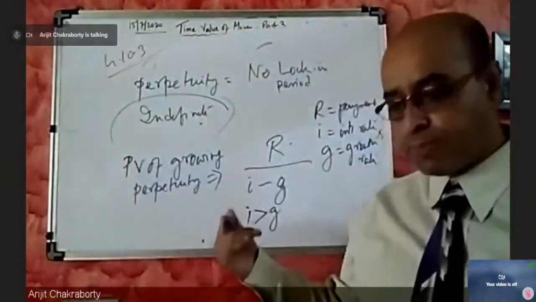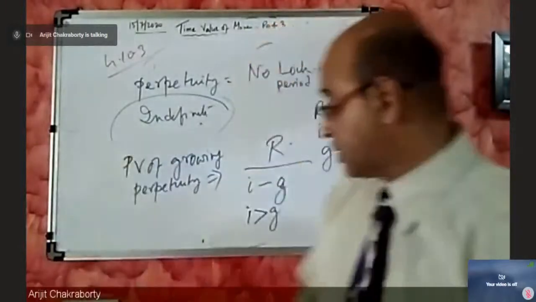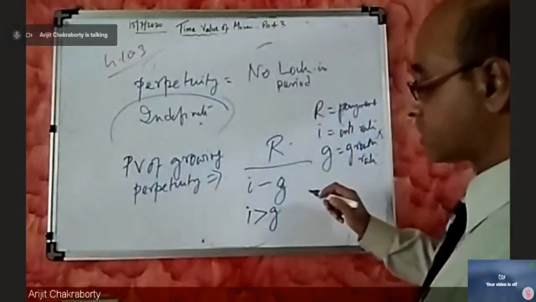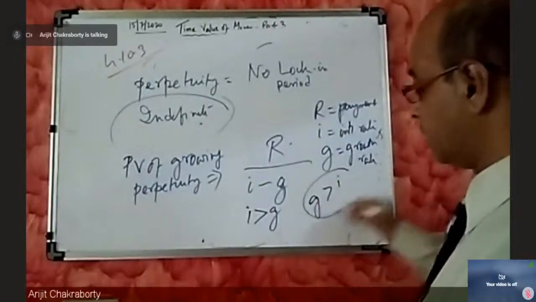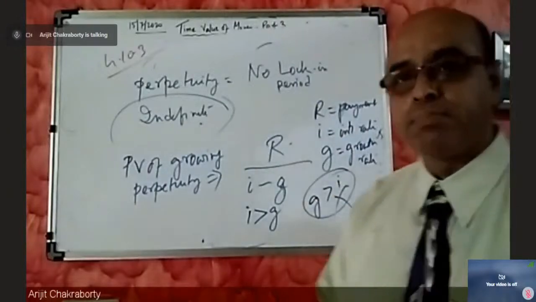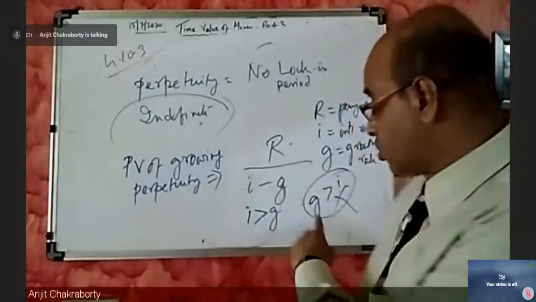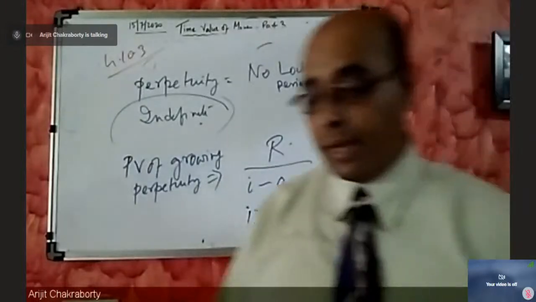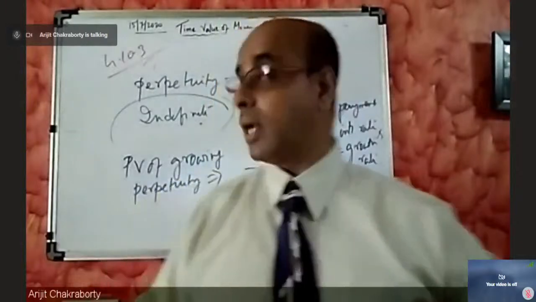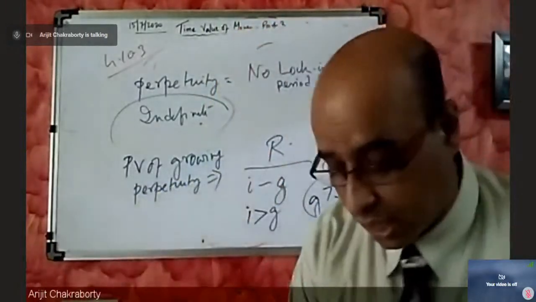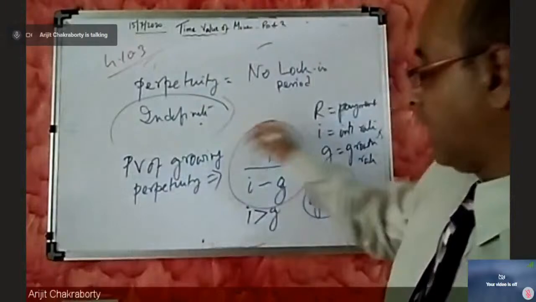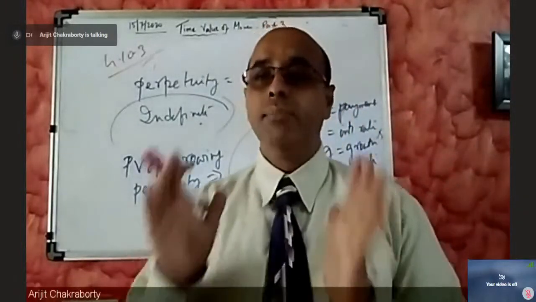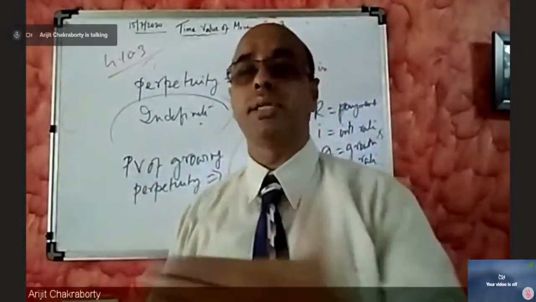So in a growing perpetuity, if G is more than I, you will not get this type of sums, because it shows a case where the growth is more than the interest rate. The formula R divided by I minus G is actually based on an infinite geometric series.